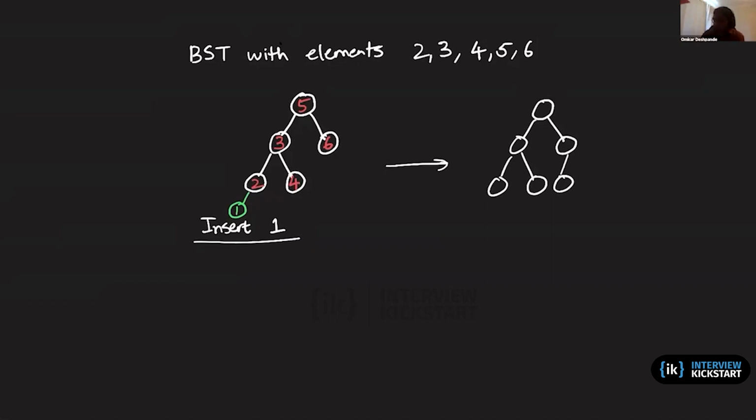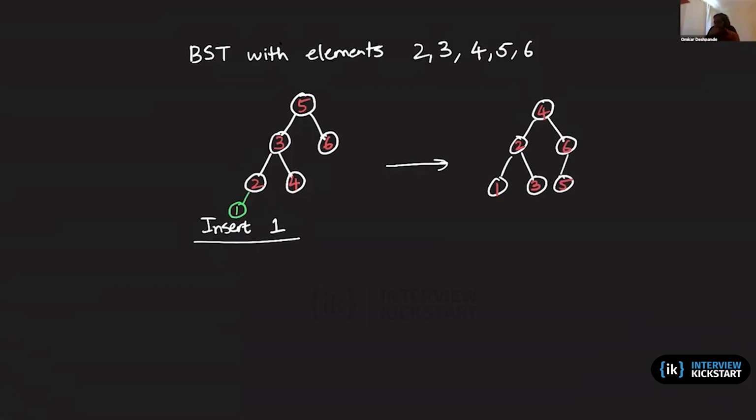And again, by following the in-order traversal route, 1 should be here, 2 should be here, 3 should be here, 4 should be here, 5 should be here, and 6 should be here. That's the order in which we will touch each node from below.